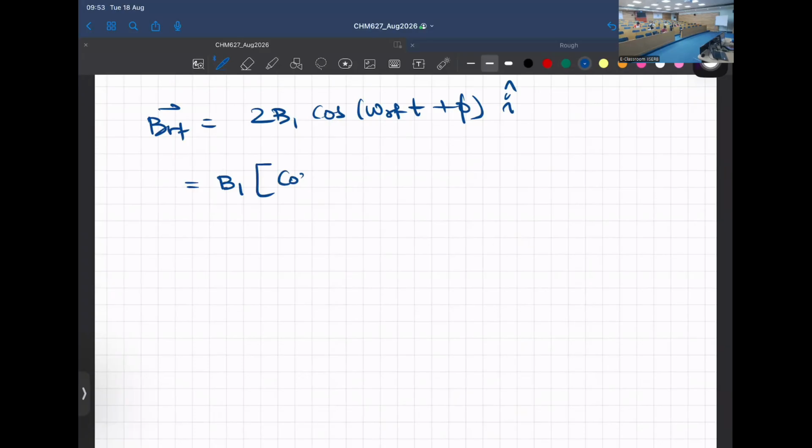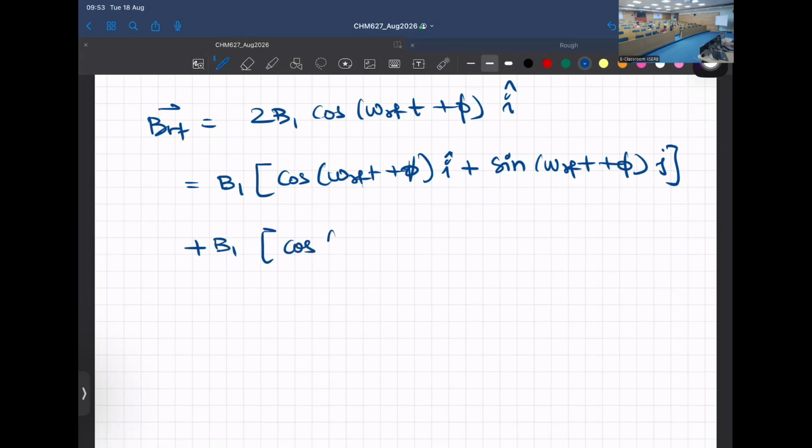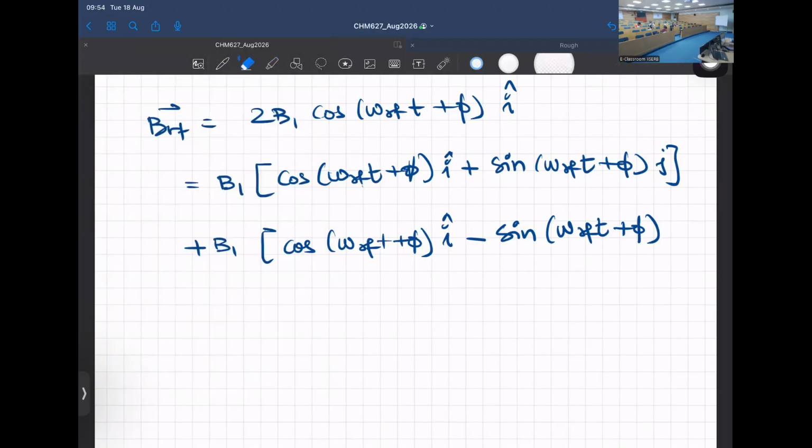I'm going to write B1 [cos(omega_RF t + phi) i cap + sin(omega_RF t + phi) j cap] plus B1 [cos(omega_RF t + phi) i cap minus sin(omega_RF t + phi) j cap].